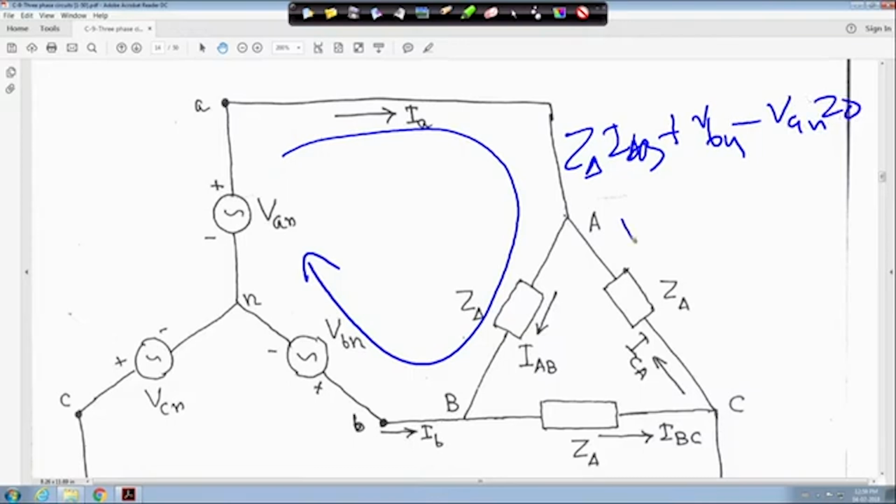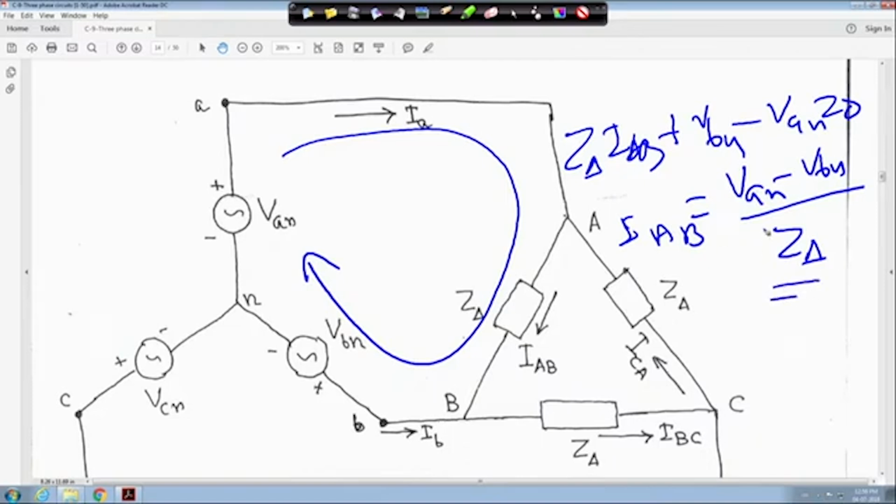That means IAB is equal to VAN minus VBN upon Z delta, and we know VAN minus VBN is equal to root 3 VP at angle 30 degrees. We get the same result, so that is why you can write IAB like this. Similarly, you can do this for the other meshes; this is for one, and similarly for the other two.